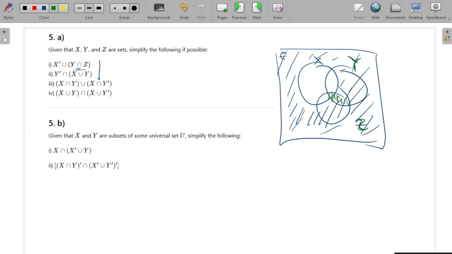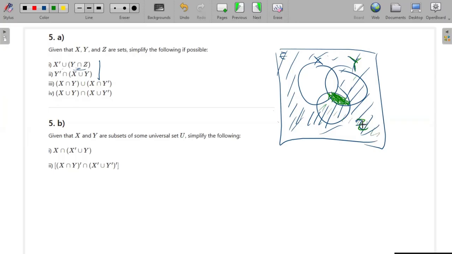So now we must combine everything: the intersection part, and the X complement, which is just this outside part here, including this part here.